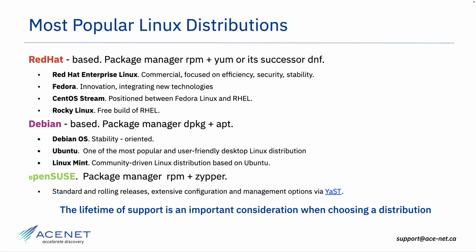It's no more than a year, 13 months for Fedora currently. So if you do your work on a computer, it's more practical to use a distribution offering a long support period, such as Ubuntu long-term support, 5 years, or Rocky Linux, up to 10 years.